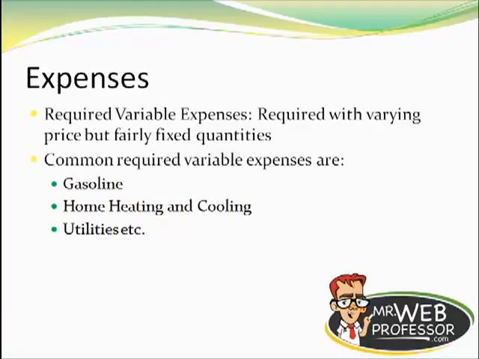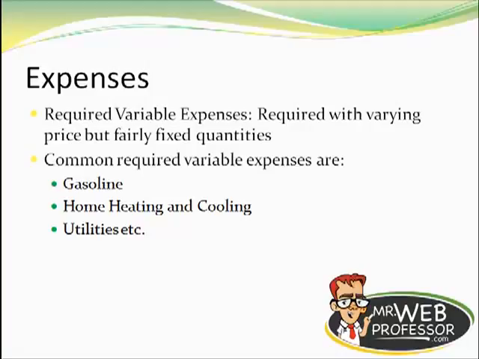As we all know, the price of gasoline has been going up and down, and because it fluctuates so much, it has that varying price element of our definition here. But it's required. You need it to be able to get back and forth to work. However, generally speaking, you probably purchase just about the same amount of gas every month, and so therefore the quantity is fairly fixed.